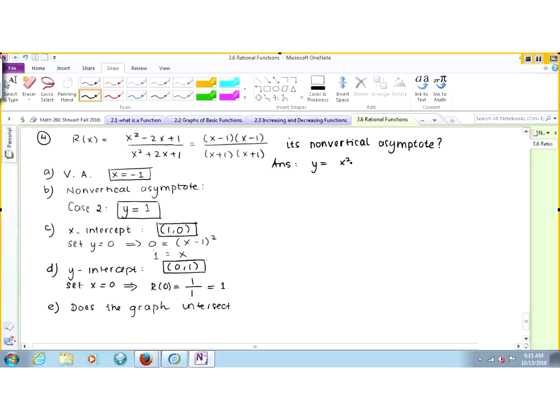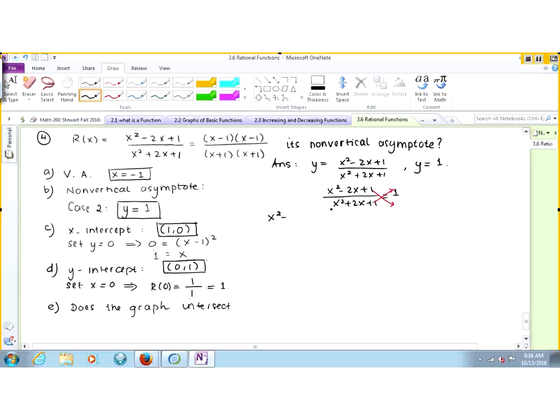So now you have to find the intersection. y is equal to x squared minus 2x plus 1 over x squared plus 2x plus 1. And what's the other one? y equals 1. So do they intersect? So x squared minus 2x plus 1 divided by x squared plus 2x plus 1 is equal to 1. And then what? Cross multiply? Yes.